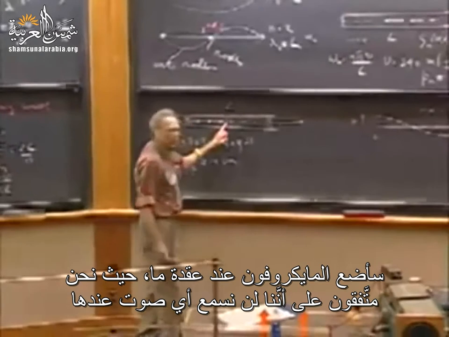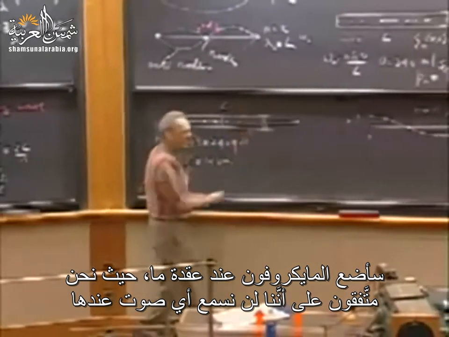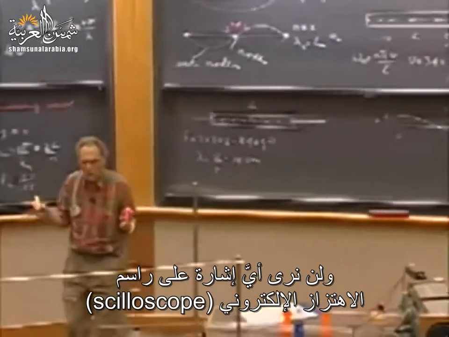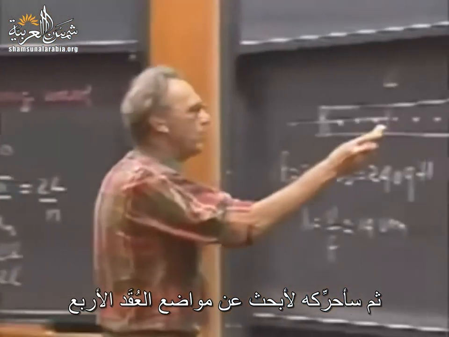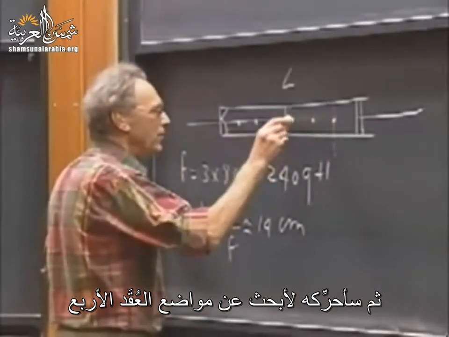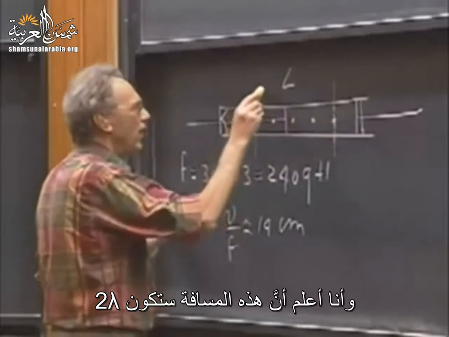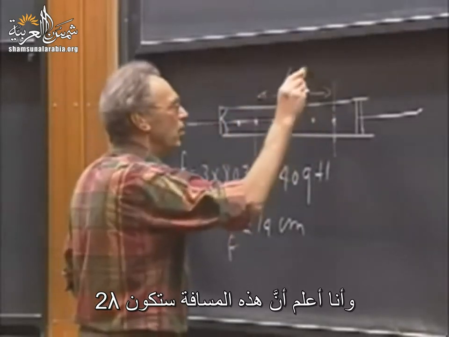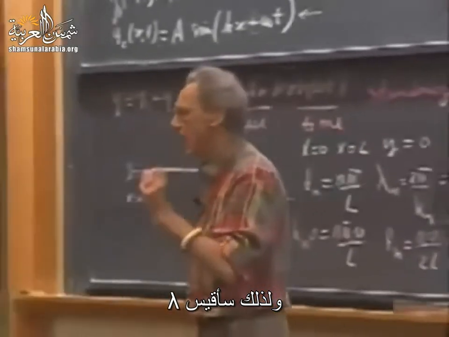I'm then going to put this microphone somewhere at a node, where we all agree you hear almost no sound and we see no signal from the oscilloscope. And then I'm going to move it back and search for 1, 2, 3, 4 nodes. And then I know that this distance is going to be 2 lambda. And I have therefore measured lambda.